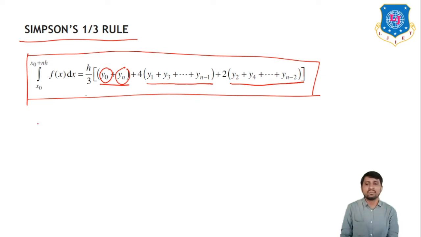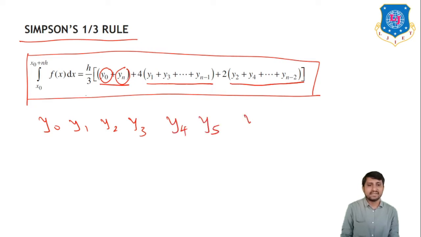Suppose, let me give you one example. Suppose you have y0, y1, y2, y3, y4, y5 and y6. Suppose you have a total of 7 entries starting from y0 to y6. So in the table, h by 3 into the first entry and last entry, so y0 and y6.